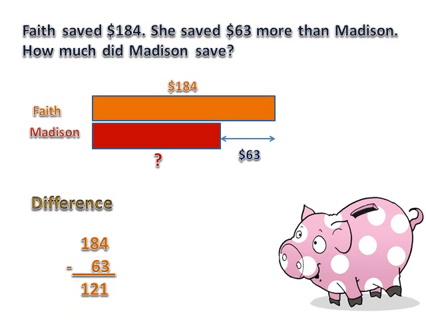That is subtraction. Right, so let's do the operation. 184 minus 63, that's 121. Okay, and again, the last part of the solution would be the statement. Okay, so let's write that. Madison saved $121.